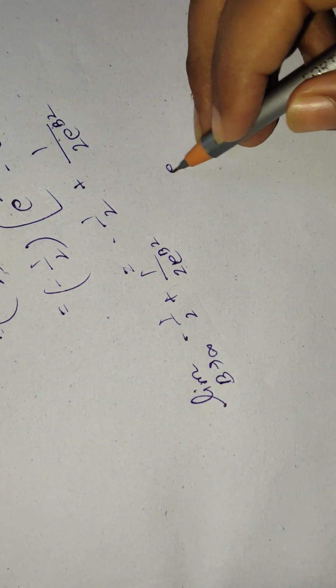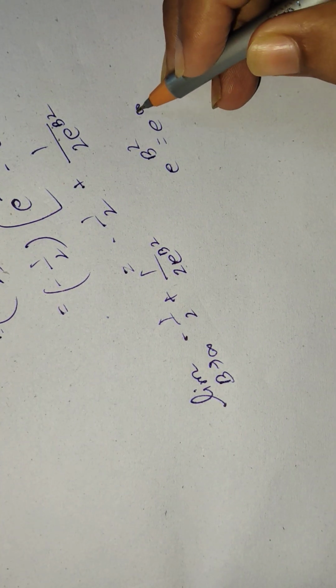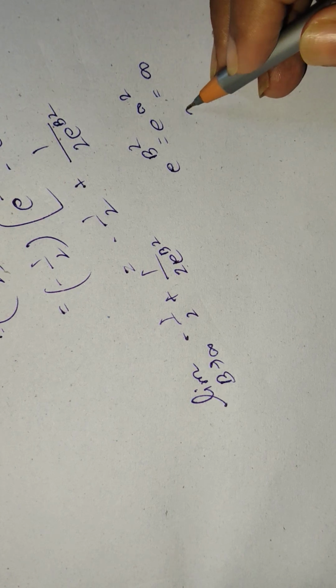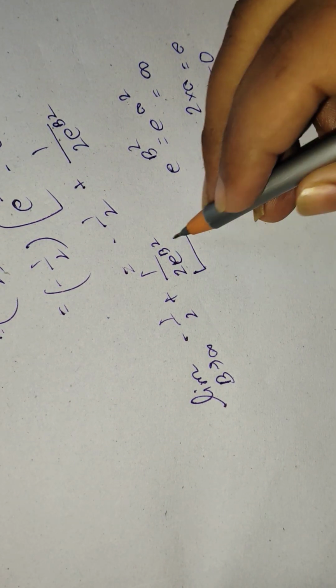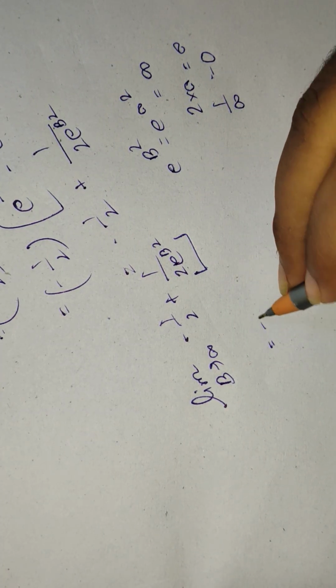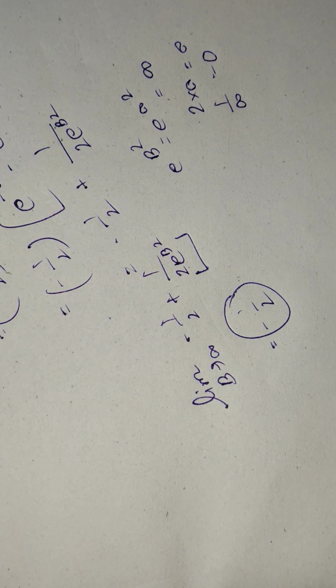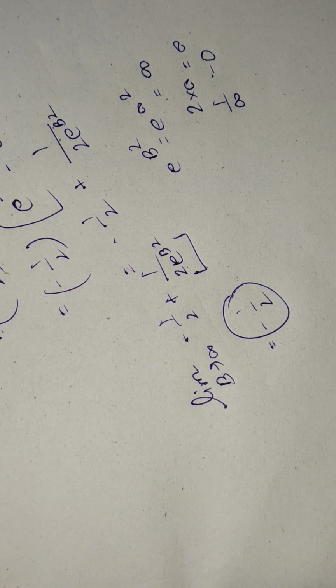Now you can see e to the power b square means e to the power infinity square, which is basically infinity, and 2 into infinity is again infinity, so 1 by infinity is 0. So this term will be 0, and the answer is minus half. This is the answer of the first integral. Okay, the first integral is basically nothing but minus half.